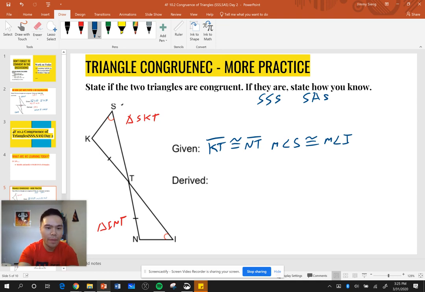And I do know that I have this intersection here. So I guess I can say that measure angle T is congruent to measure angle T. Okay? So if I look at this, is this either side, side, side, or side, angle, side? Okay, if I look at this, this really isn't connected to anything, right? I guess you can have an angle, angle, side, or side, angle, angle, but we haven't learned that yet, okay?